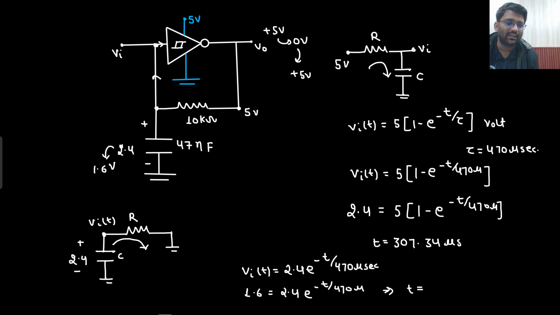So now what is the condition for the third cycle? Output has become plus 5 volt here, then there is R, and then there is capacitor C as well. But this time the capacitor C is charged to 1.6 volt, and this is my V naught. Now this 5 volt will charge this capacitor.